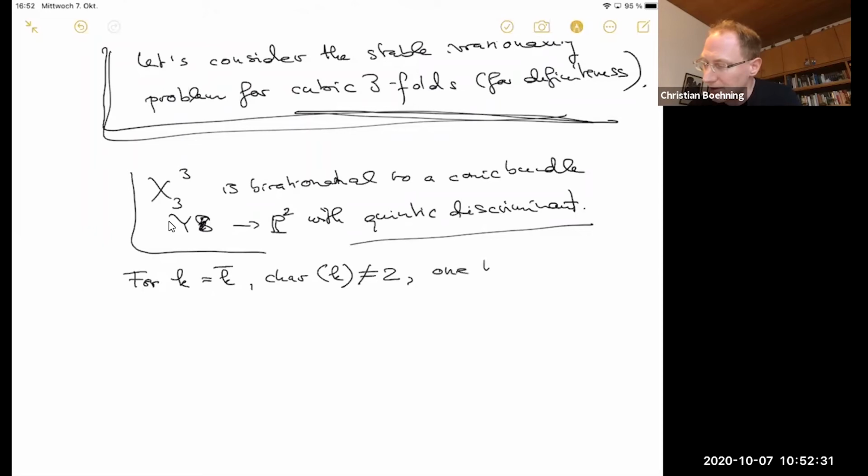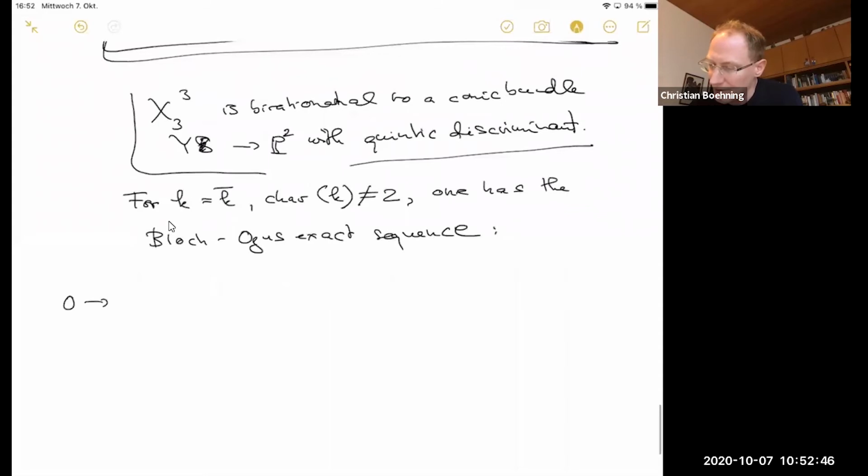So one has this Bloch-Ogus exact sequence here on P2. The unramified Brauer group of P2 is 0, then one has the Brauer group of the function field of P2, the 2-torsion in it. So conic bundles define classes in there. And then one has this residue homomorphism that measures the ramification of the conic bundle, that gives a class in this first group.